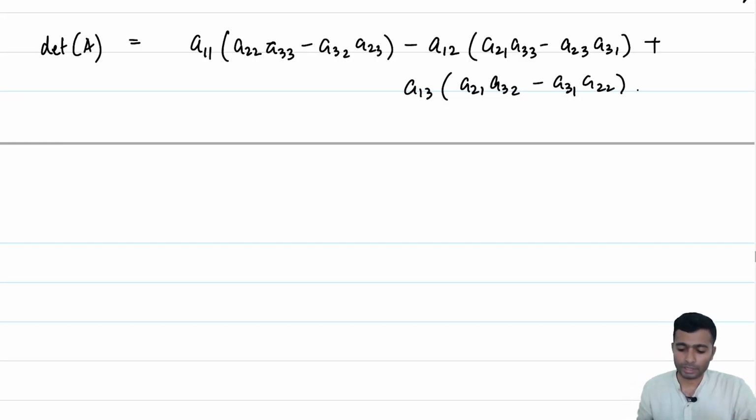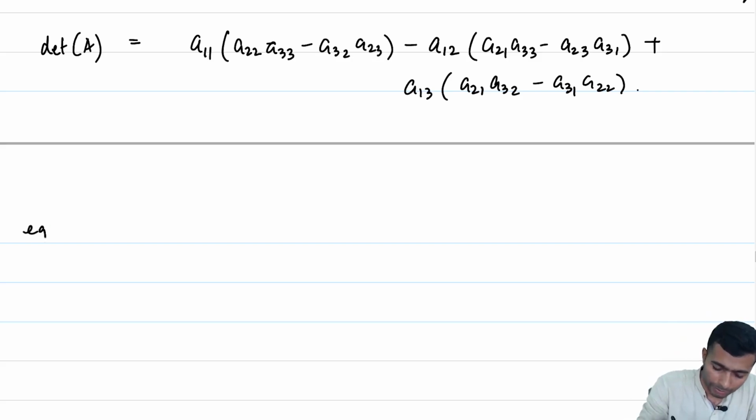Let us now look at the determinant of certain special types of matrices. Suppose for example, let us consider A to be of this type.